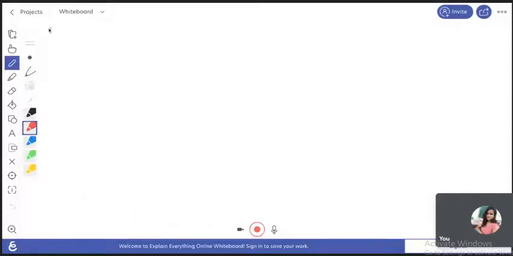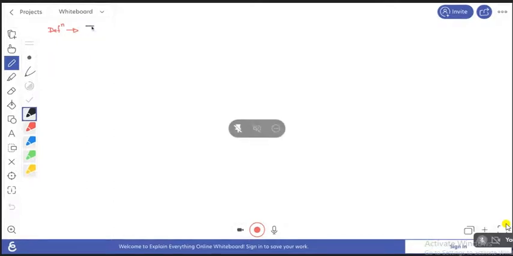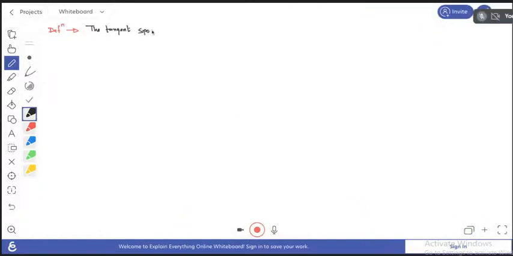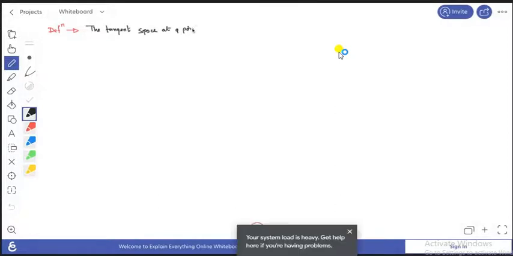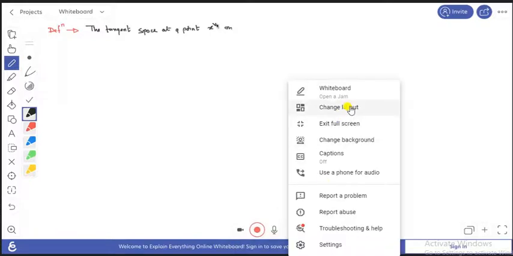So here we define what is tangent space. The tangent space at a point x star on the surface, and that surface is defined by x.